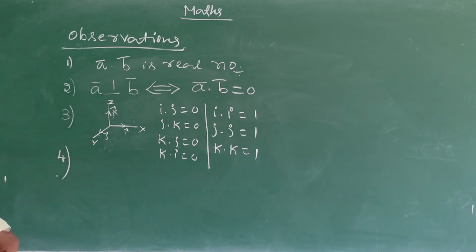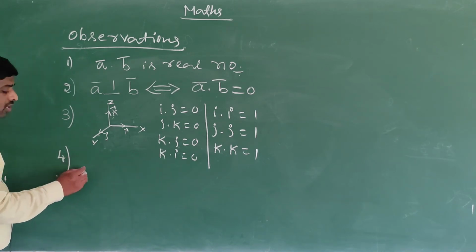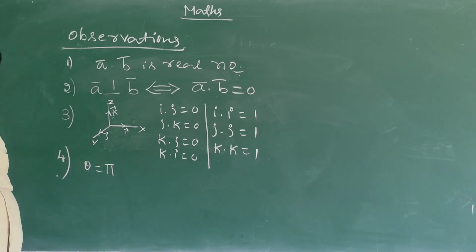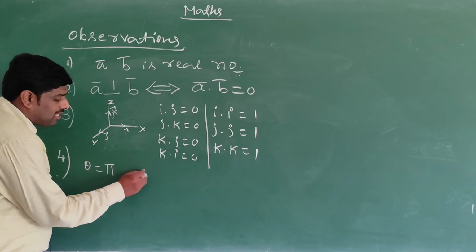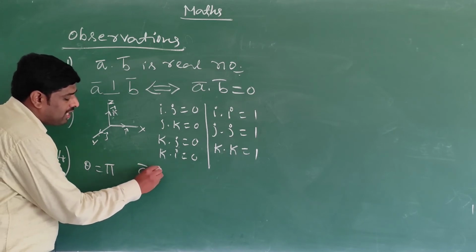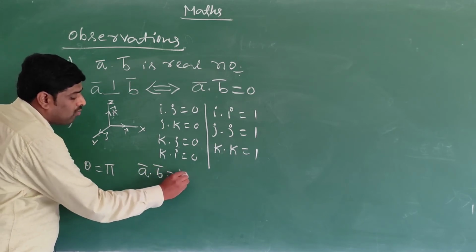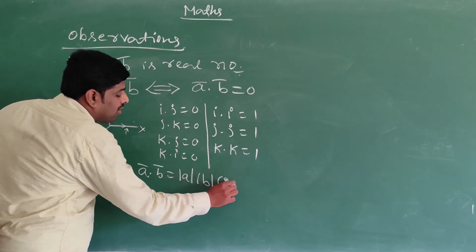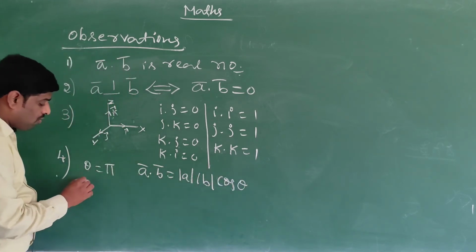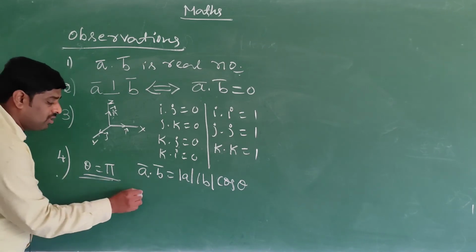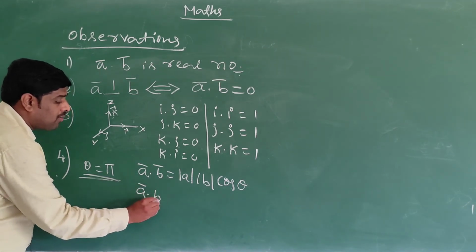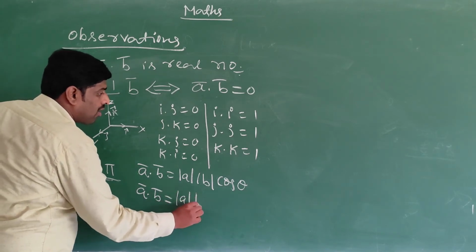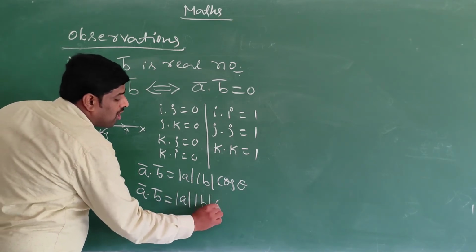The next point: if theta is equal to pi, what is the angle between two vectors? a bar dot b bar equals magnitude of a bar, magnitude of b bar into cos theta. The theta value is pi. Therefore a bar dot b bar equals magnitude of a bar, magnitude of b bar cos pi.